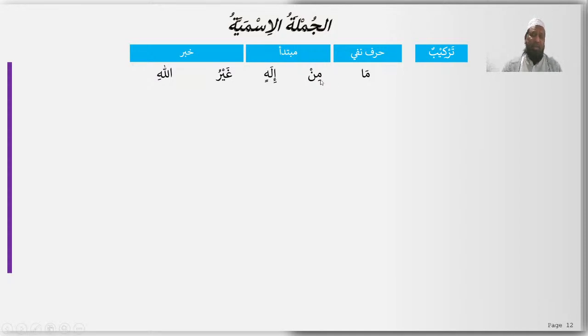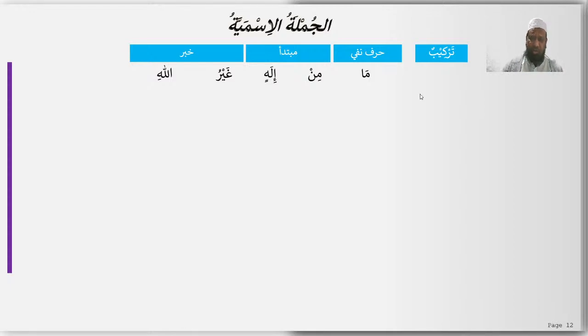Now, what is this min? Is it harful jar asli or harful jar az-zaid? Anyone? How can we tell this harful jar is asli or zaid? It is zaid because 2 conditions have matched.